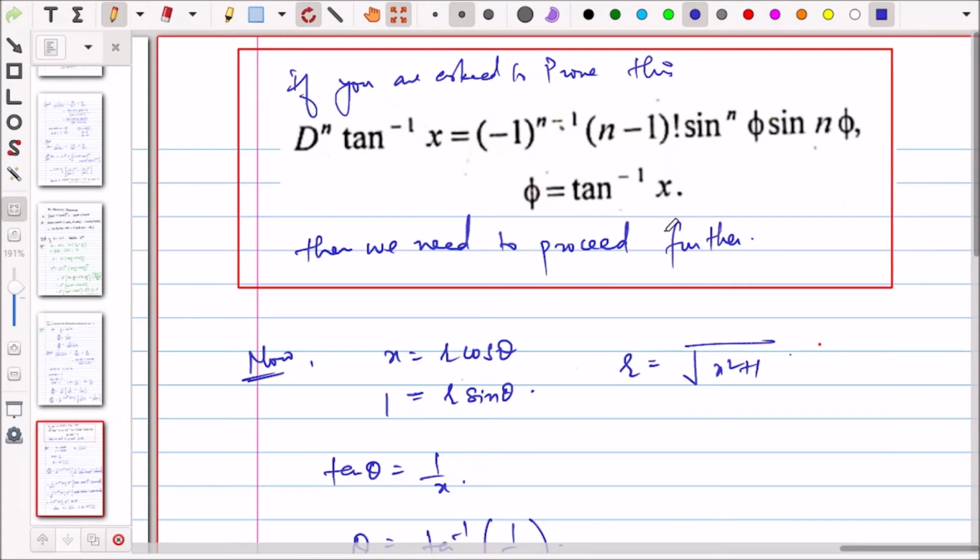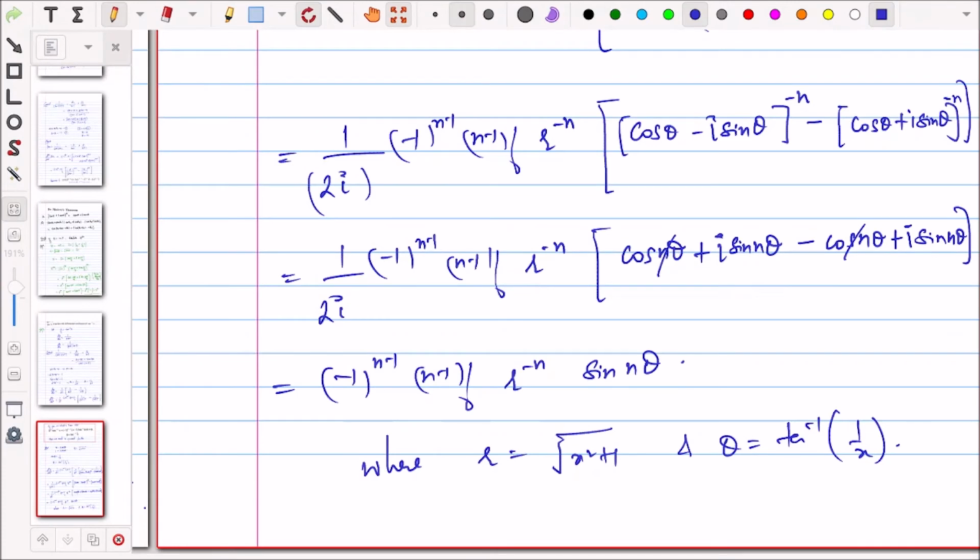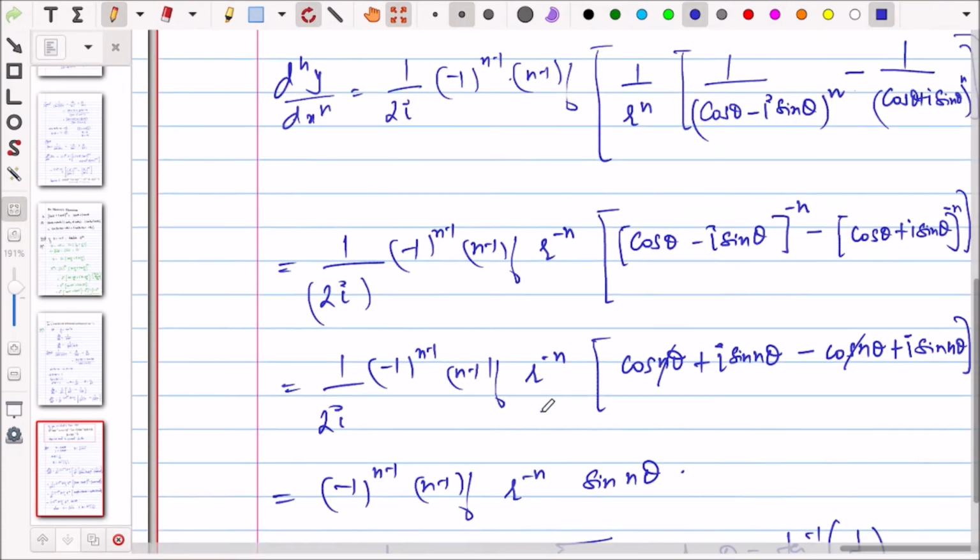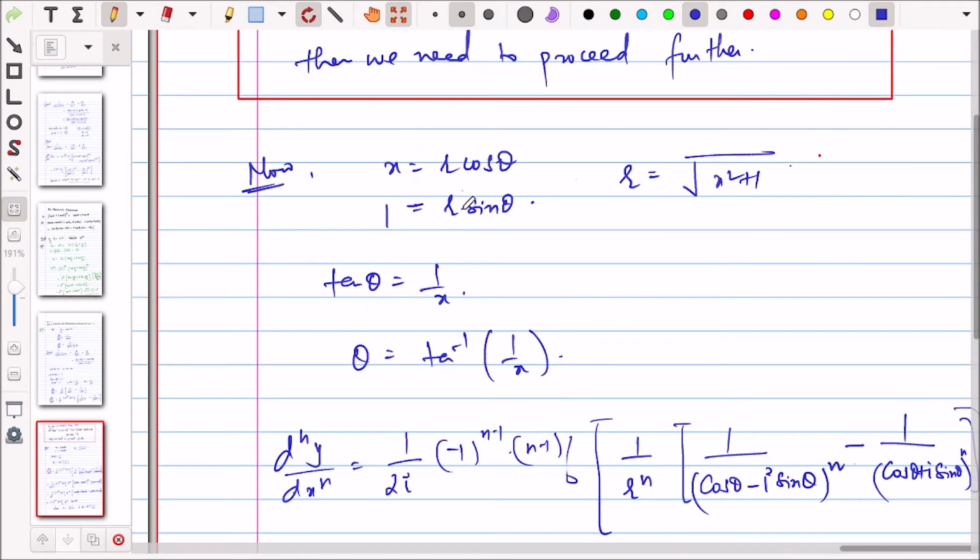So there is some problem here, they have written it should be 1 by x. And now because you have taken 1 equal to r sin phi, so what will be r to the power n? r is also equal to 1 by sin theta, right?